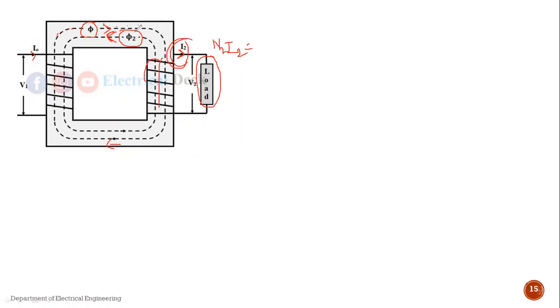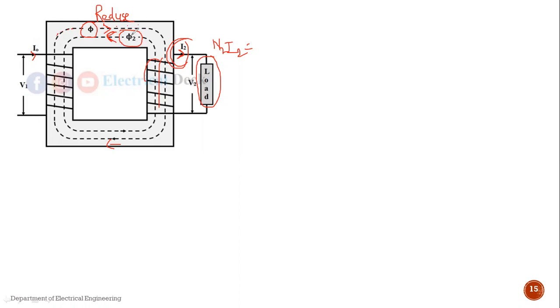Okay, and hence the resultant flux of the transformer will be reduced. लक्षात घ्या, the resultant flux reduces. That means the final flux will reduce, because this current produces some flux.